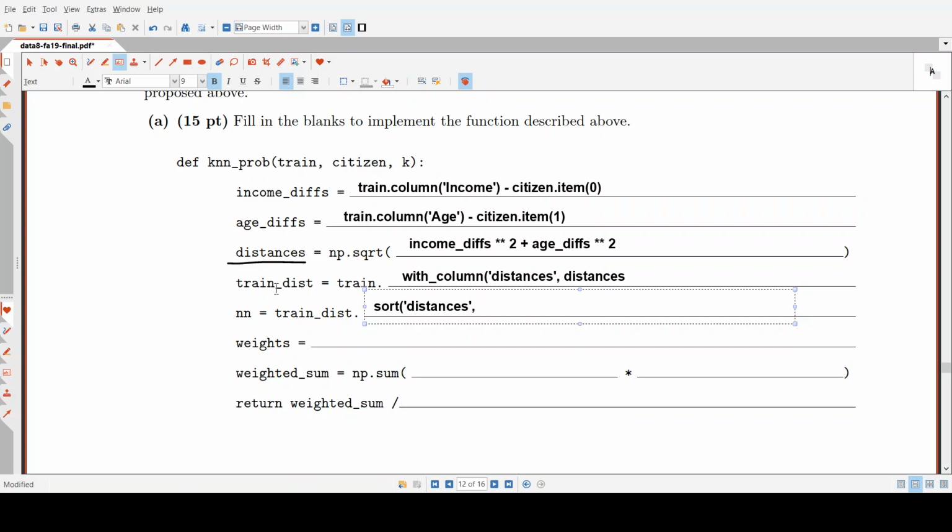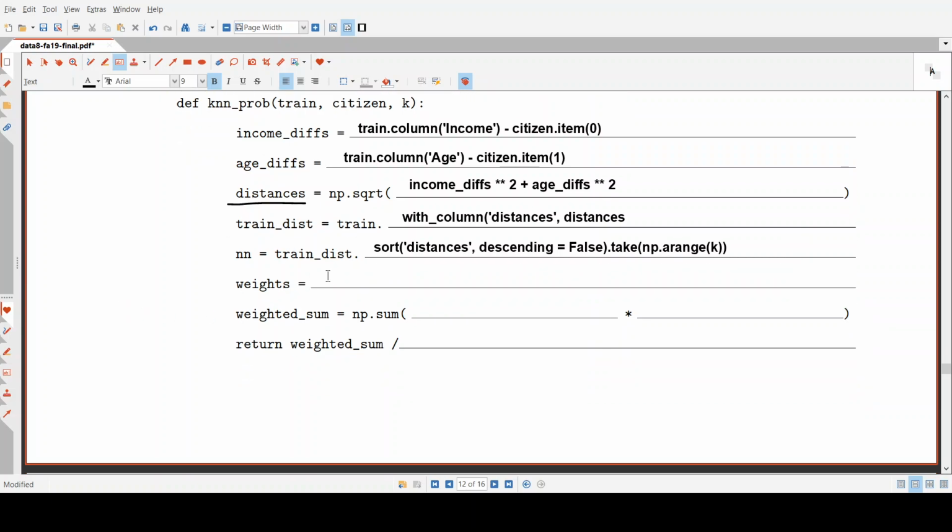We want it to be false because we want the first things in the table to be the smallest distances, so we want to sort from smallest to largest. So descending equals false. And then we want to take the first k rows, and the function we can use to grab rows out of a table is take, and we can do that by doing np.arange of k. So that's nearest neighbors.